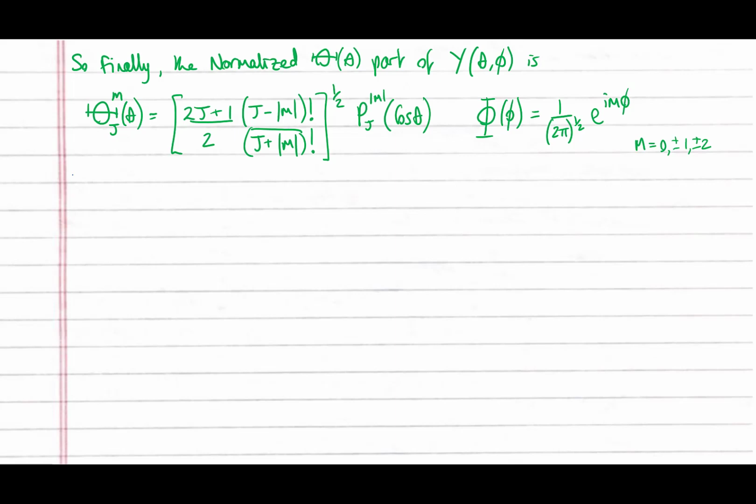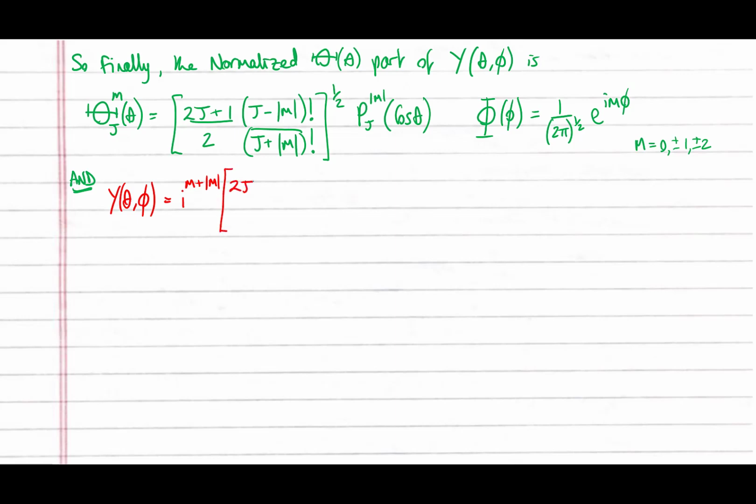So finally, Y is equal to, here's the final version, there's going to be something strange at the beginning in here. So we've got i to the m plus the magnitude of m. I'm going to combine everything together.